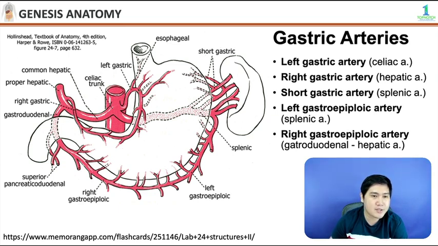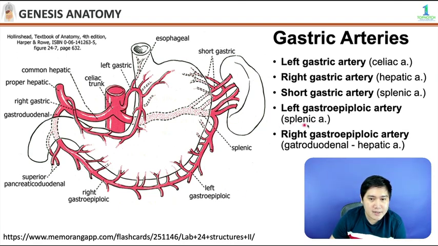The lower half of the lesser curvature is coming from the right gastric, which is a branch of the hepatic artery. Your fundus is supplied by the short gastric artery, which is a branch of your splenic artery. The upper half of the greater curvature is supplied by the left gastroepiploic artery, which is a branch of your splenic artery.